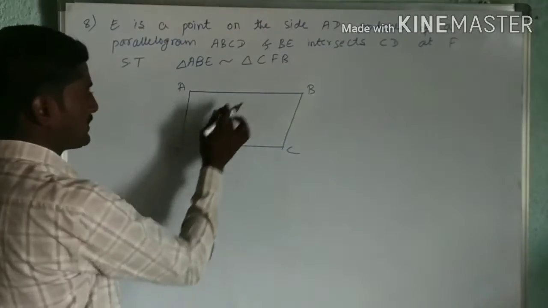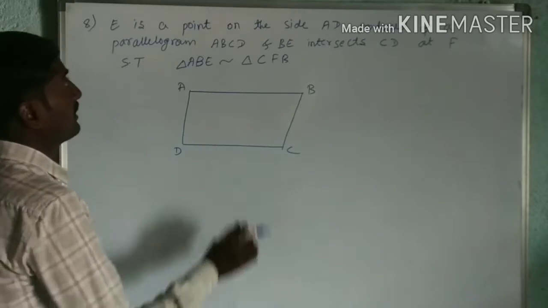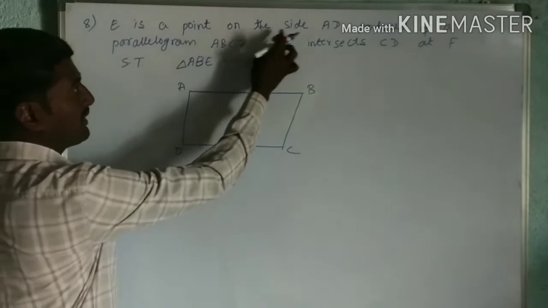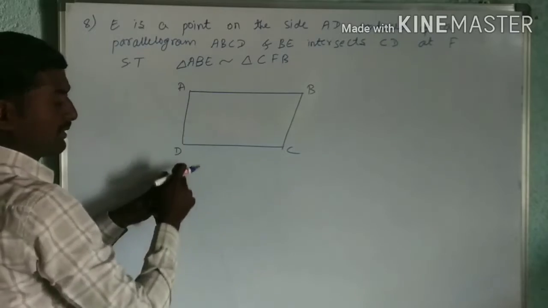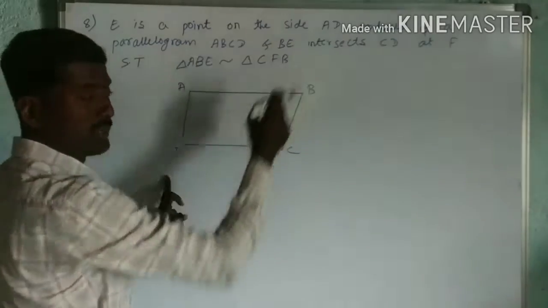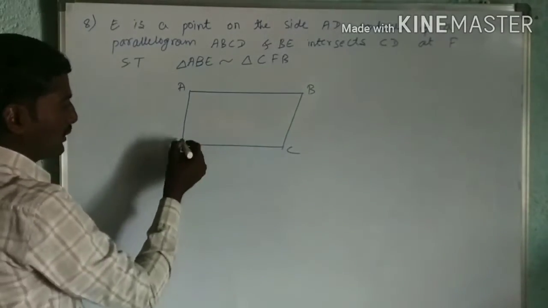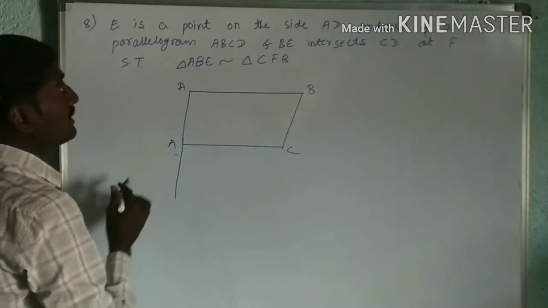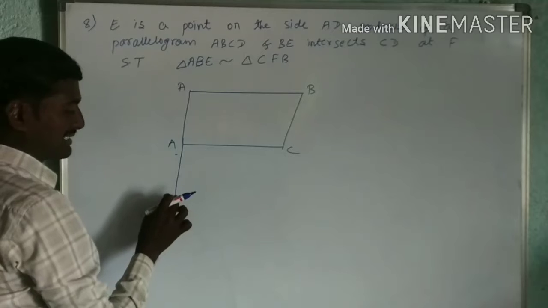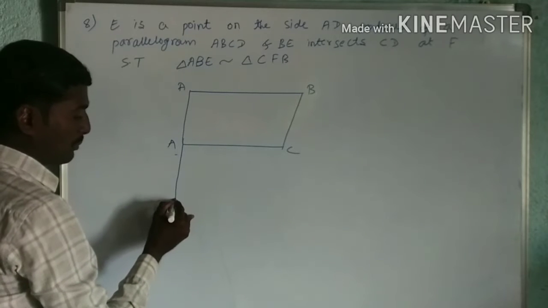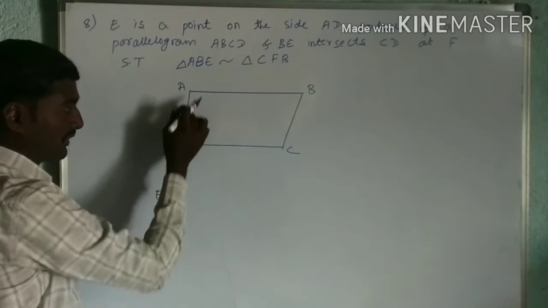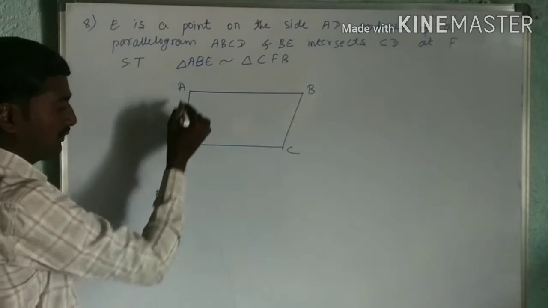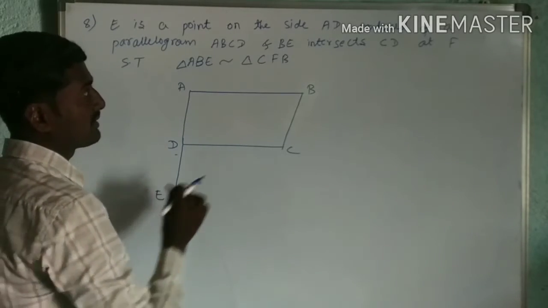Here AB is parallel to CD. E is a point on the side AD produced, which means we have to extend AD. I will extend AD here; E is a point on the extended part of AD.